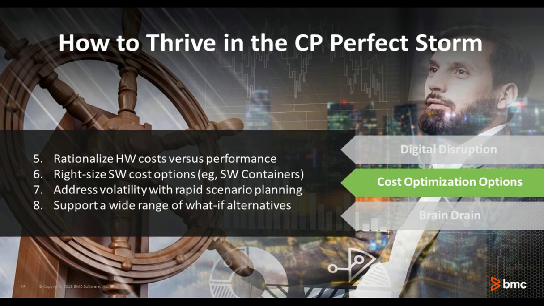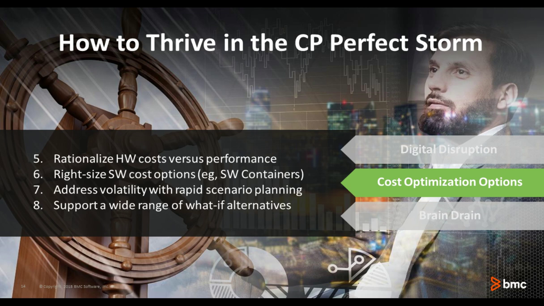Now, if we look at all of the options that are available, the fact is the number of options for how you configure not only the hardware but also the software is growing, and they're more complex. And so it's a complex process to try to figure out what is the balance of hardware decision, software decision that lets the business meet its organizational goals. So rationalizing hardware costs versus performance.